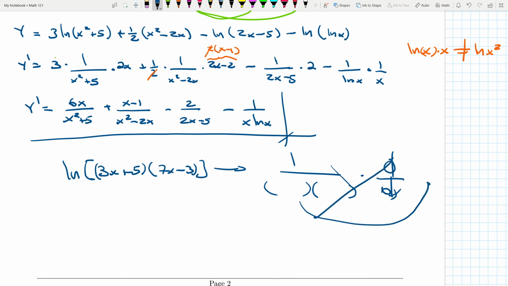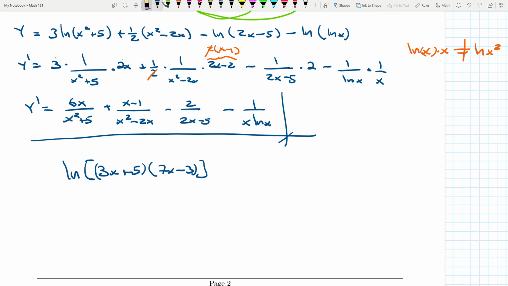Instead, to make your life easier, break it into two terms, ln of (3x plus 5) plus ln of (7x minus 3), and then take the derivative of each individual term instead, in the same way that we did for this example.